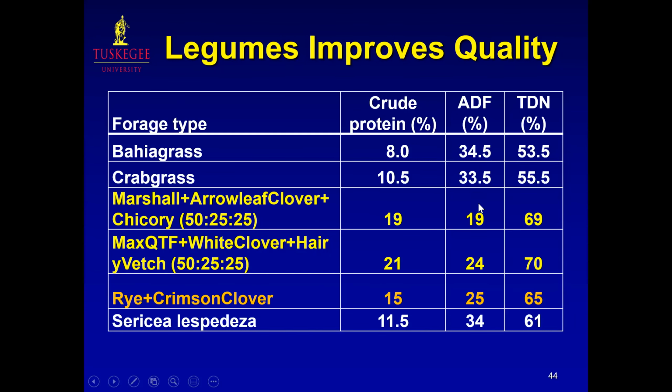Also this is the fiber that is not digested by animals basically, and bahiagrass or crabgrass have a very high fiber as compared to these combination forages. Sericea lespedeza alone is better than, you can see, bahiagrass and crabgrass with a higher level of crude protein, and also the total digestible nutrients are also higher as compared to these two forages here.